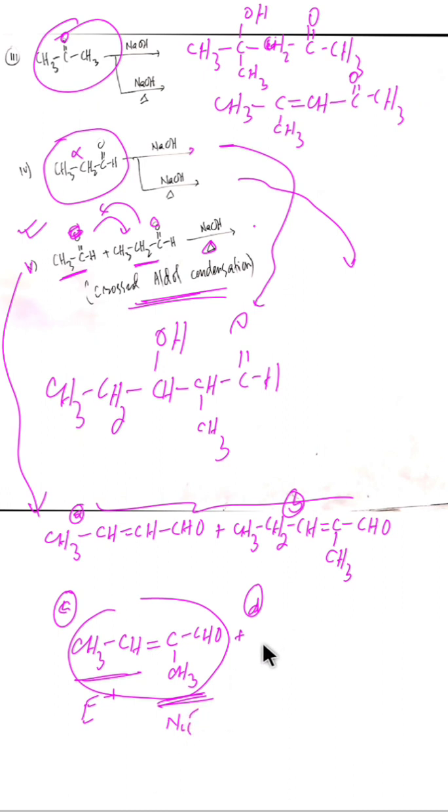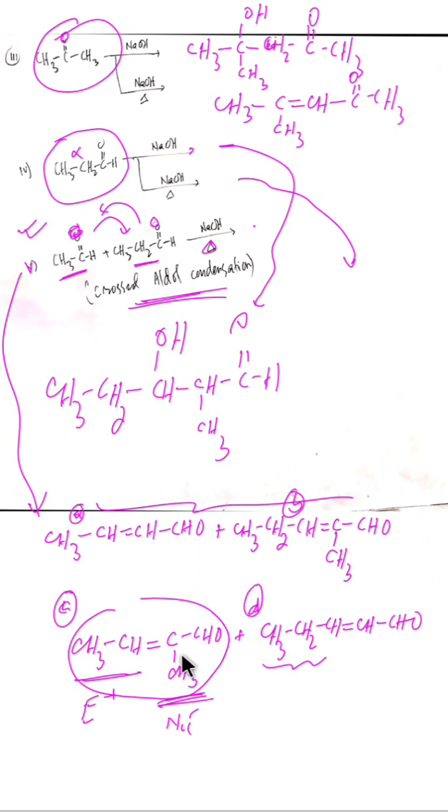Similarly in the last product this part will act as electrophile, like this, CH3 CH2 CH. This will be our electrophile part, and the nucleophilic part will be from this aldehyde, that will be like this, CH CHO. So these four will be formed as the products, okay.